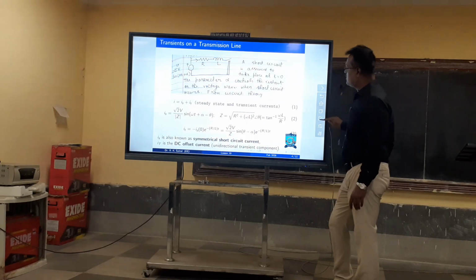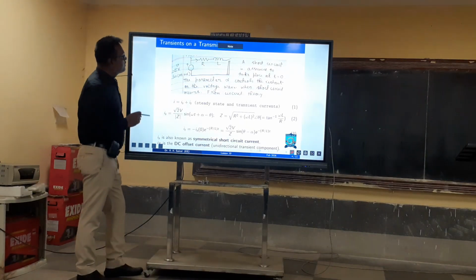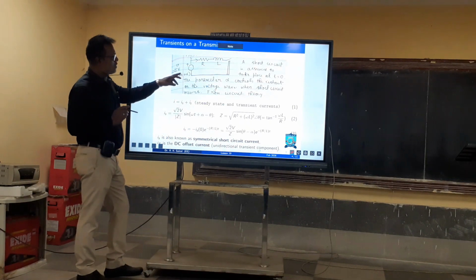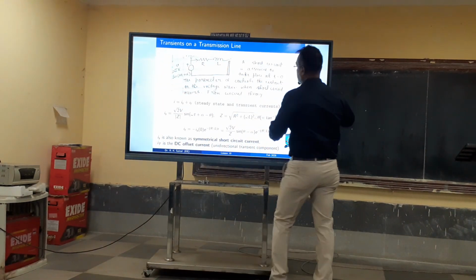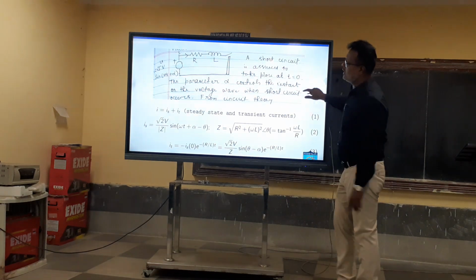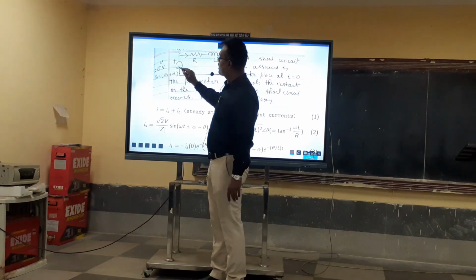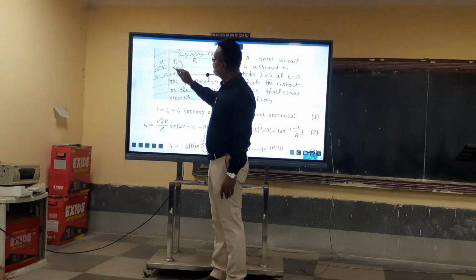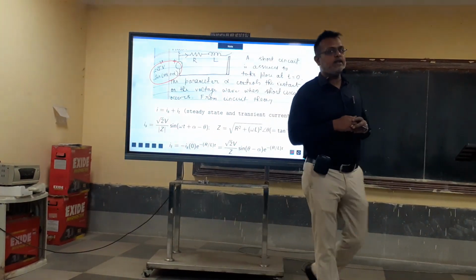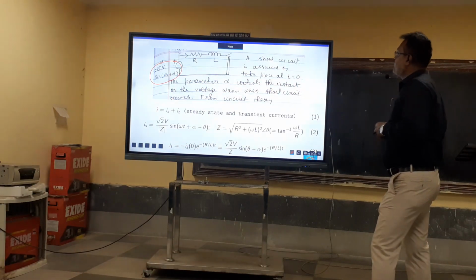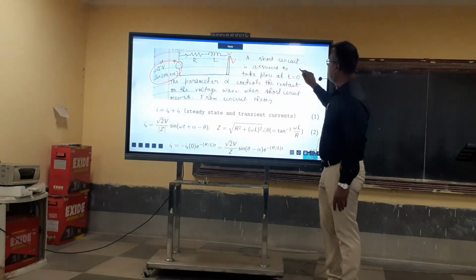So draw this RL circuit, where a sinusoidal voltage of Vm sin(omega t plus alpha) is applied, where Vm is root 2 times V, and a short circuit is assumed to take place at t equals 0.